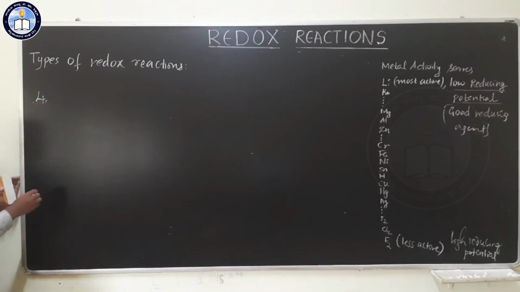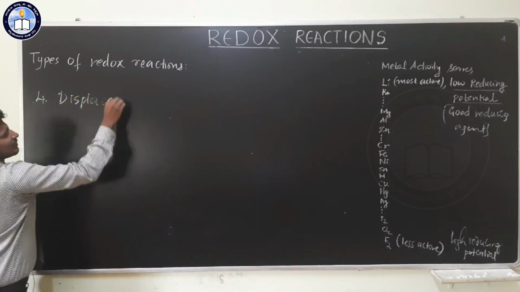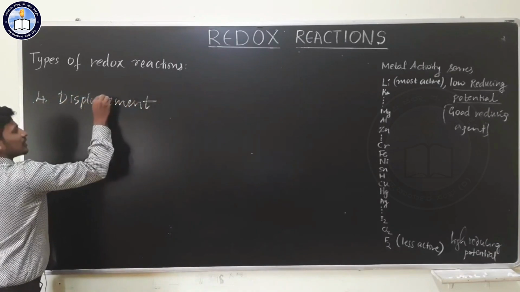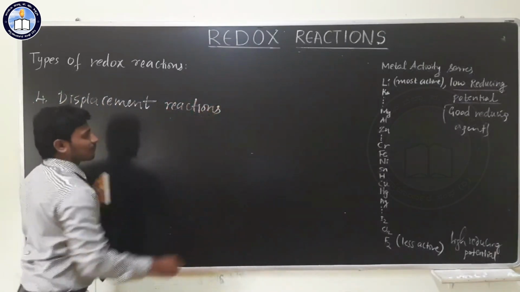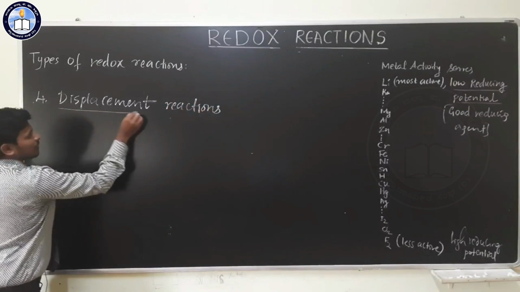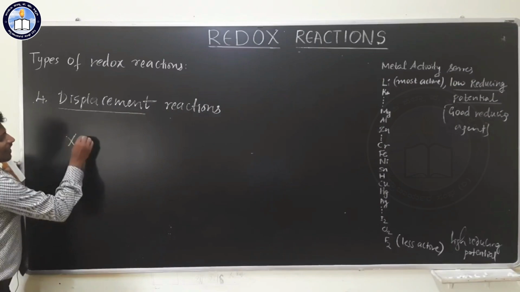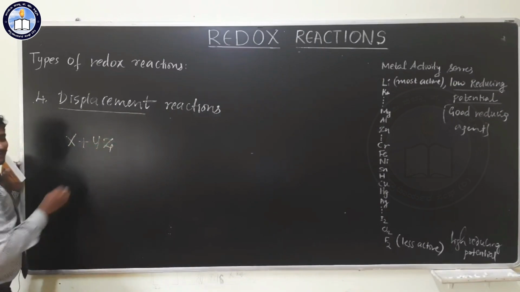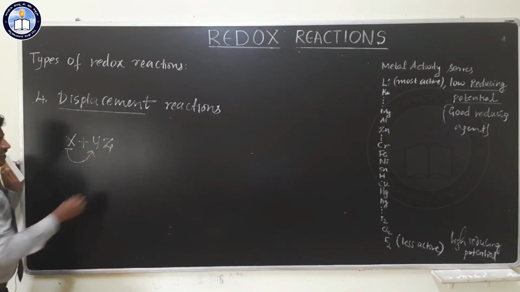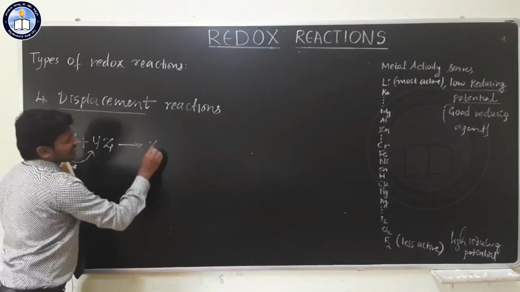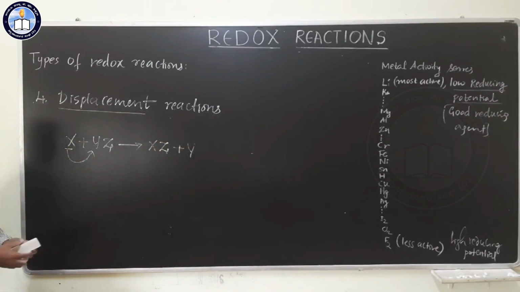The fourth one is known to be displacement reaction. See this word carefully, displacement. If X reacts with YZ, this X replaces Y and gives rise to XZ plus Y, and this is known as displacement reaction.